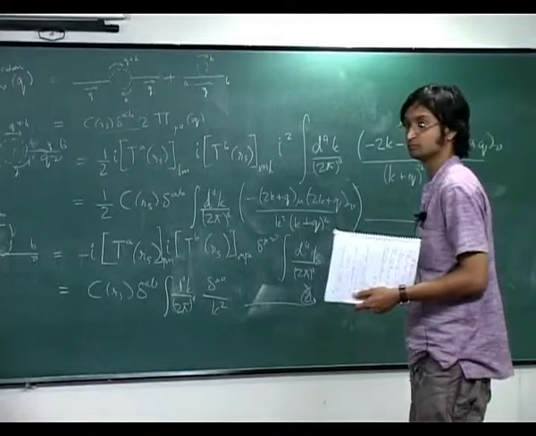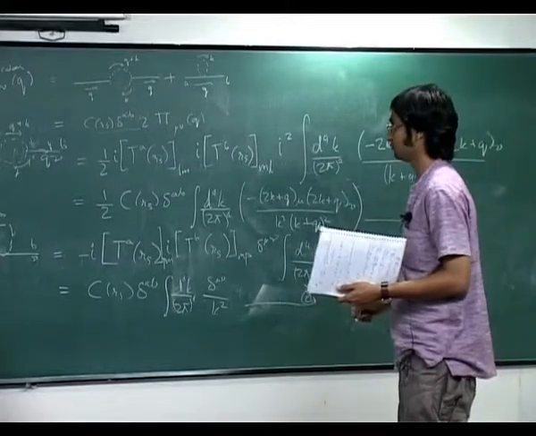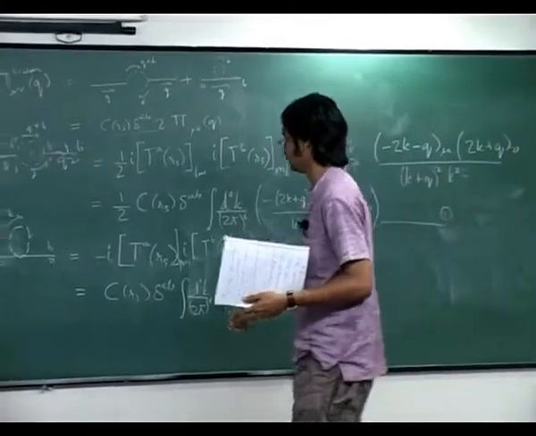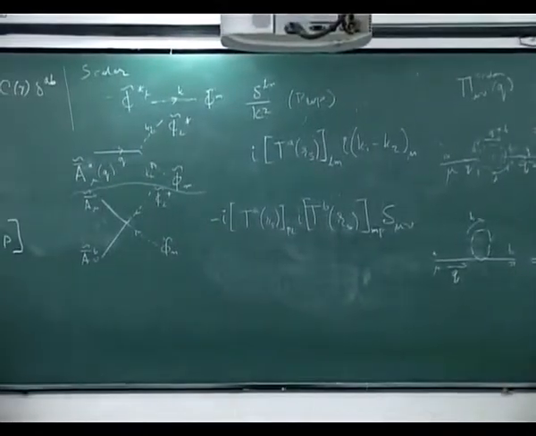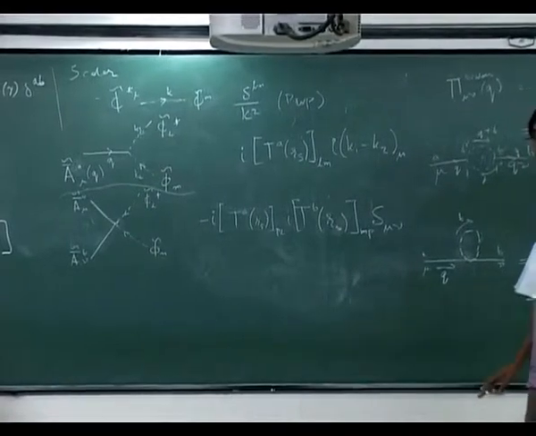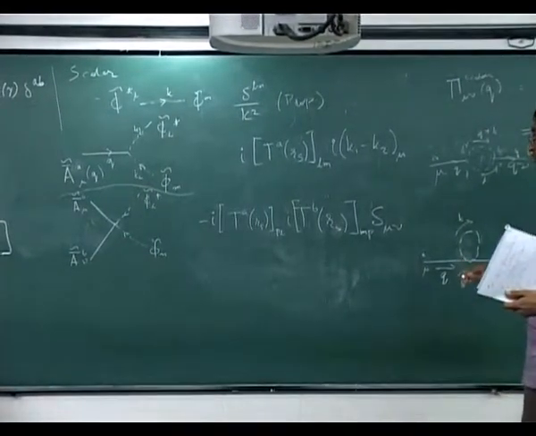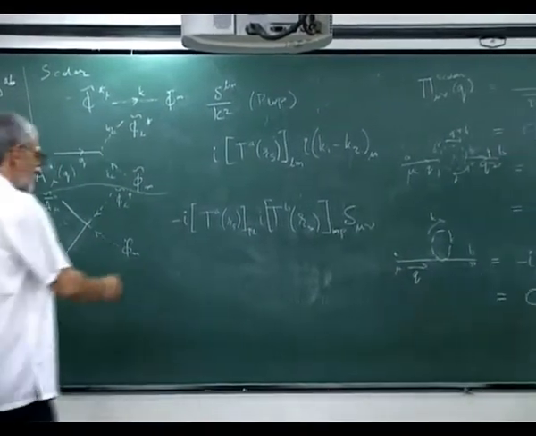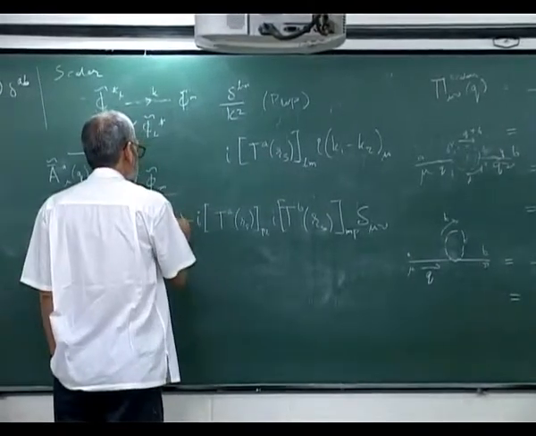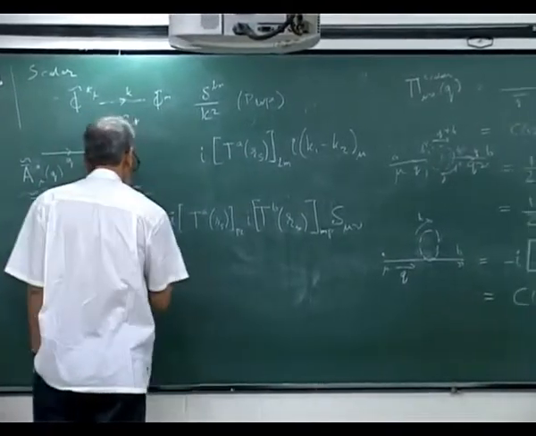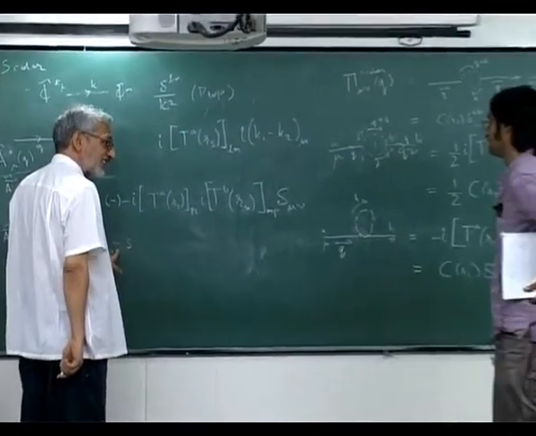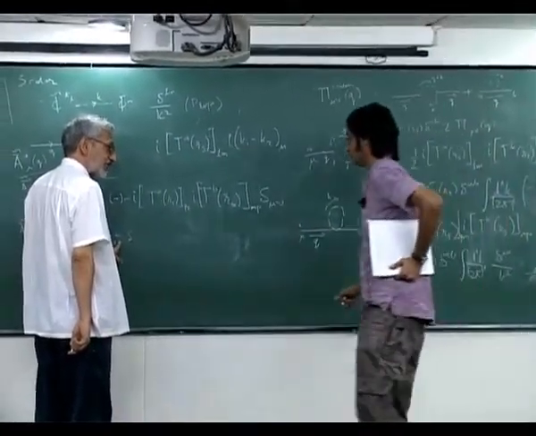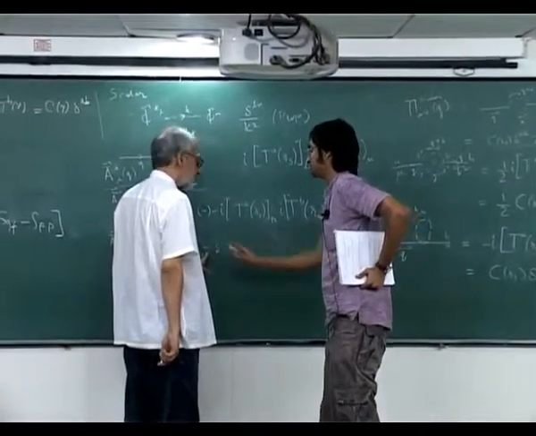Is it okay? So this vertex has an extra minus sign. That comes from this minus. When we write down the rules, we always know that this minus sign is always there.